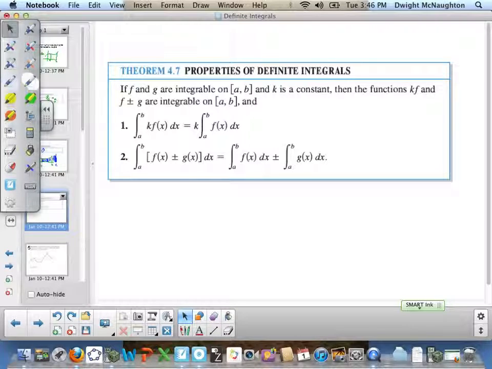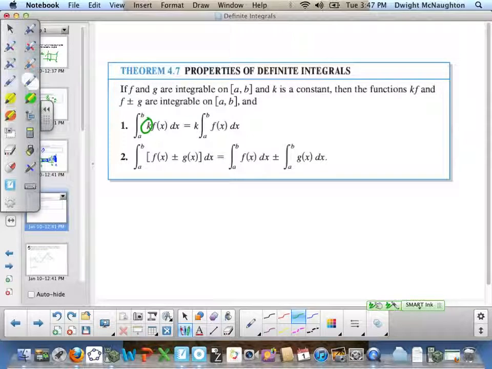All right, let's look at a few examples. Oh no, let's look at one more property. Sorry about that. Like taking derivatives, if you have a constant on the function, you can take the derivative of the function and multiply it by the constant. Well, same thing with antiderivatives or integration. If you have a constant there, you can find the value of the integral and just multiply by the constant.